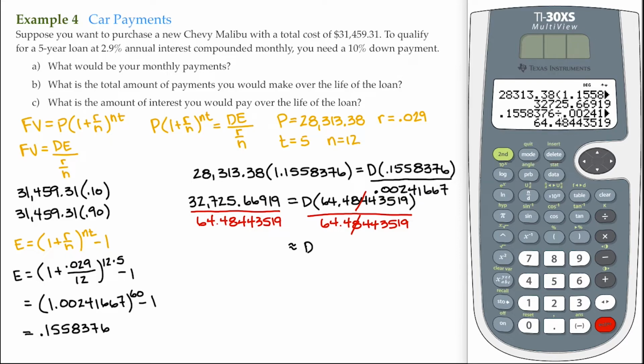Rather than have to type this all back in, I'm going to do 32,725.66919 and divide, and rather than type this all back in, I'm just going to go second answer. So it's just going to divide what the last answer was. And hit enter. So what would be your monthly payments for A? That would be $507.50.